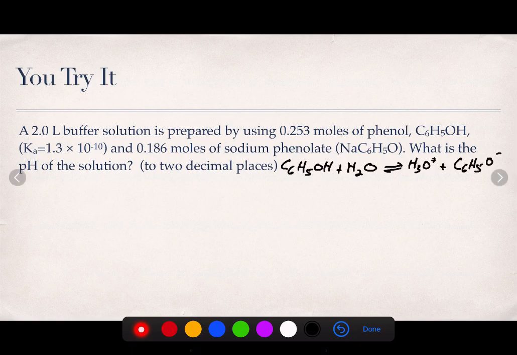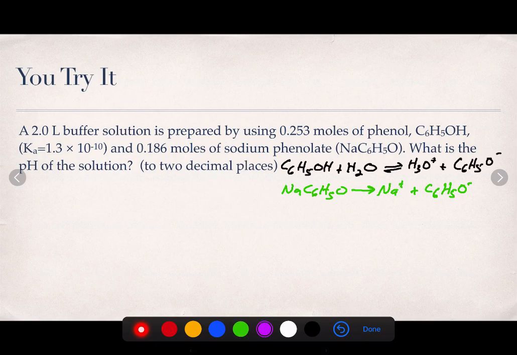H2O takes that H plus, and then we're given C6H5O minus. And what also we see is we have the sodium phenolate, which is NaC6H5O. It is a sodium salt, and so sodium salts dissolve completely and completely dissociate, and that's going to leave us with C6H5O minus.